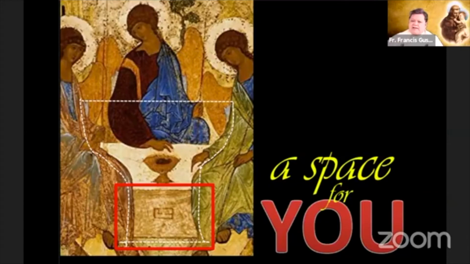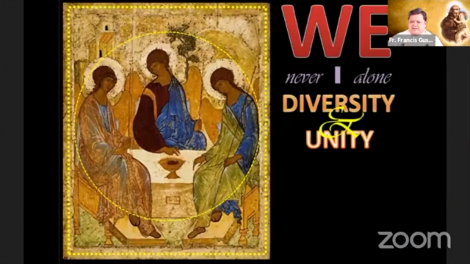So let's look at the next slide about that. This is God, you see the circle. That's a circle of love. Look, the yellow is a different kind of line; it doesn't look like a window. It's a circle of love. It's a we, not an I. Never an I. Diverse and yet united.